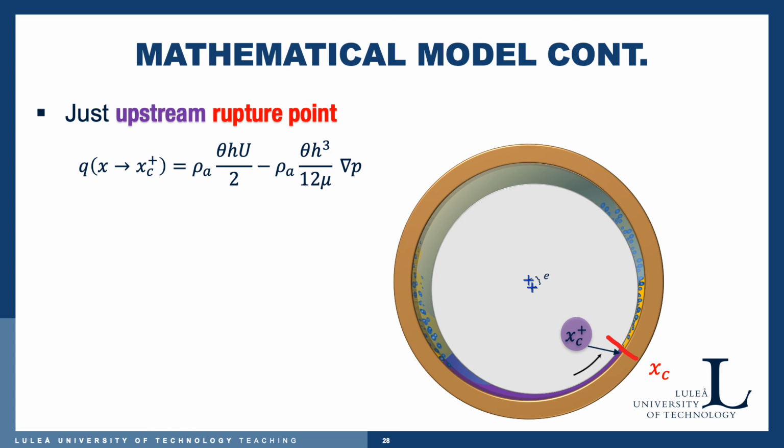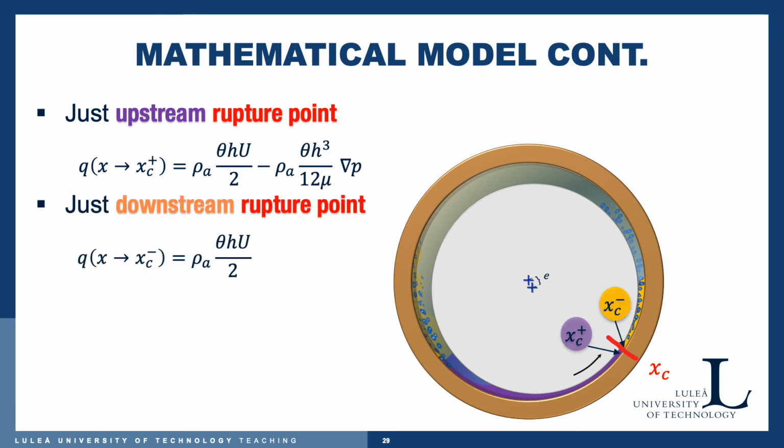But otherwise it's, as we know, the mass flow that describes the Reynolds equation. Now downstream of that rupture point, since the pressure gradient is 0, only the shear flow term remains, the Couette type of flow remains.